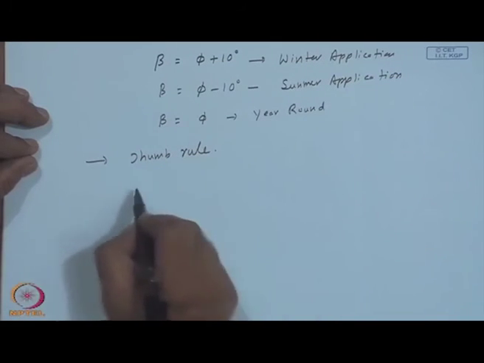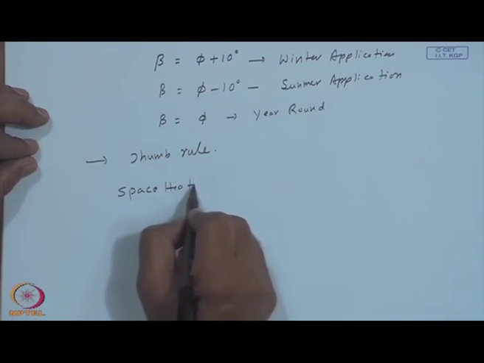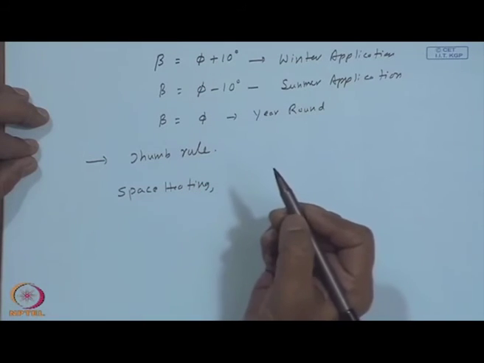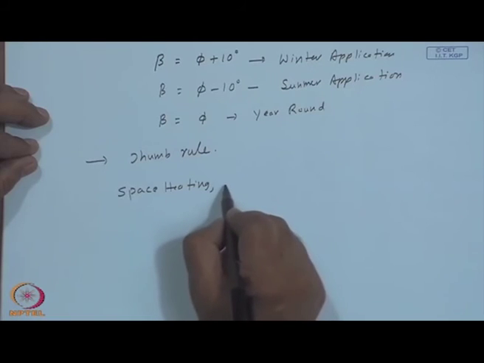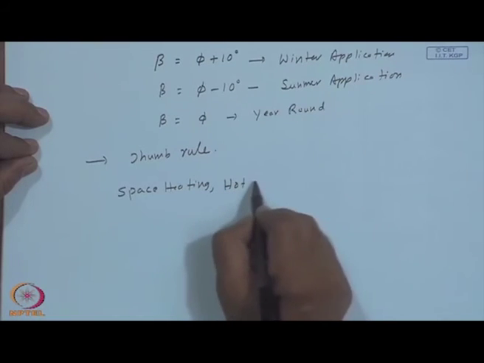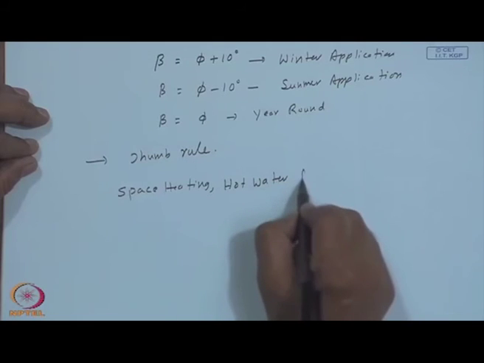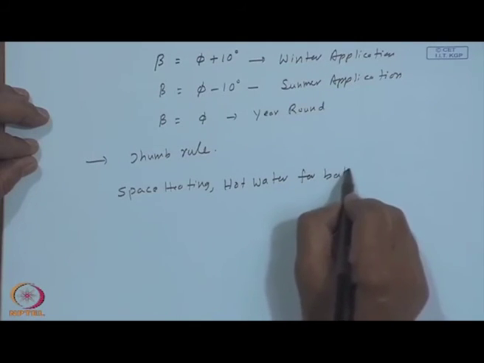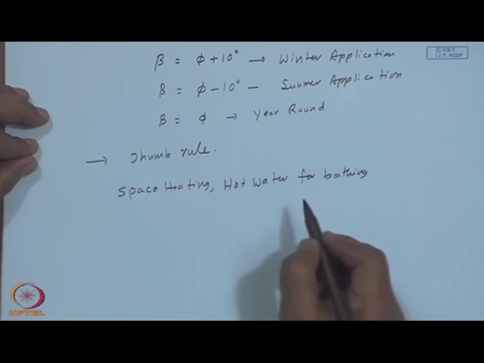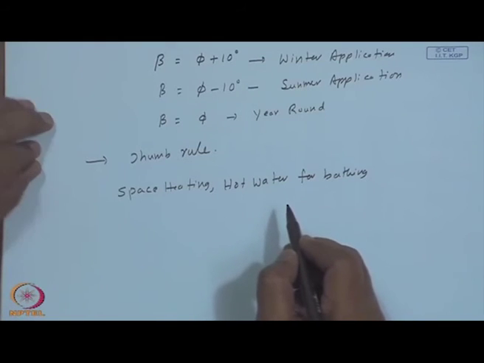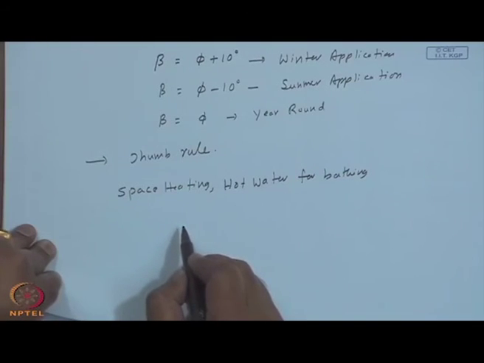So, winter applications I may have space heating. If we talk in terms of Indian climate, Indian habit, hot water for bathing, generally hot water is not used for dishwashing, etc. So, we have to find out and rather define what exactly we mean by optimization.